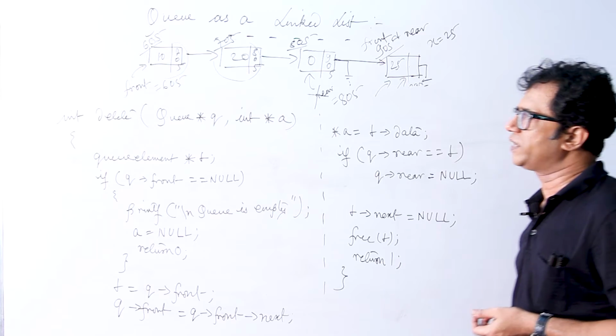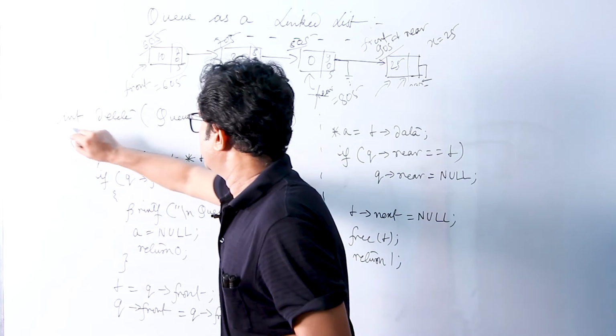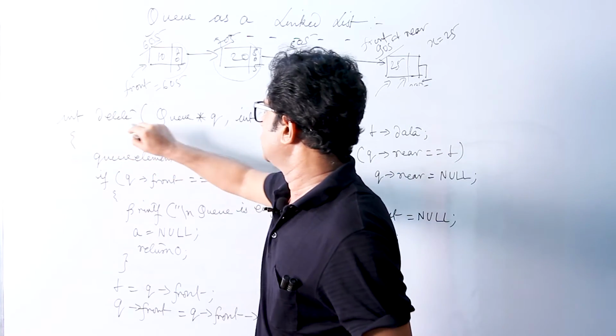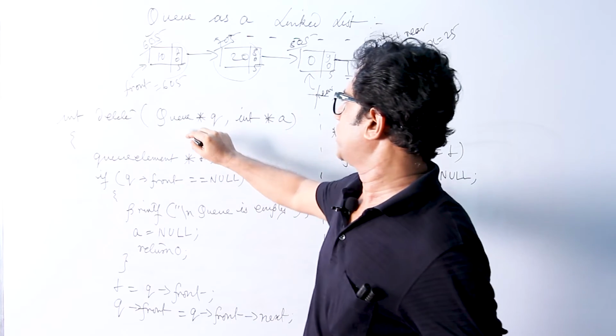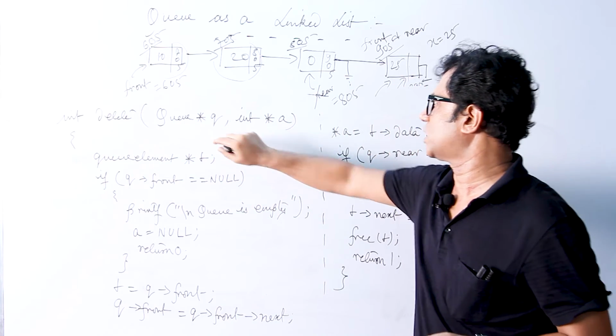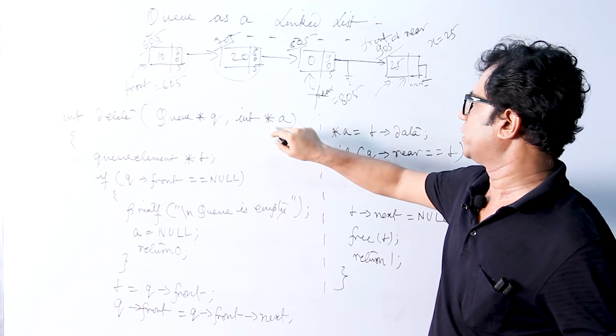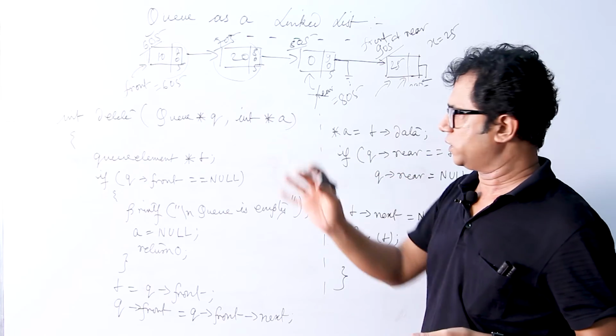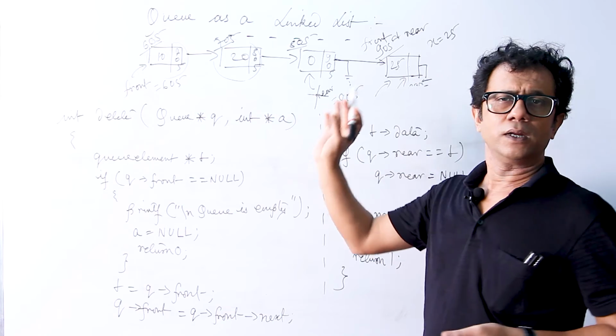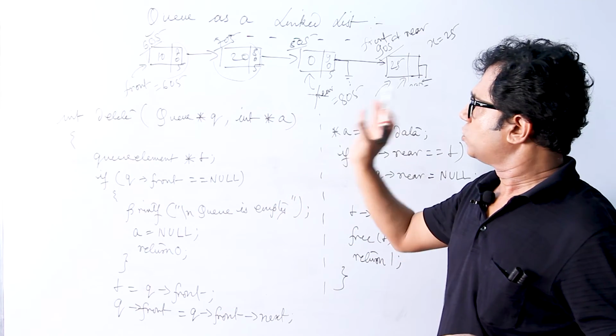So for that we have taken the return type to be int, and the function name is delete. We have taken a pointer to the q data structure, q star q, and an integer pointer star a to hold the data item from the deleted node from the queue.